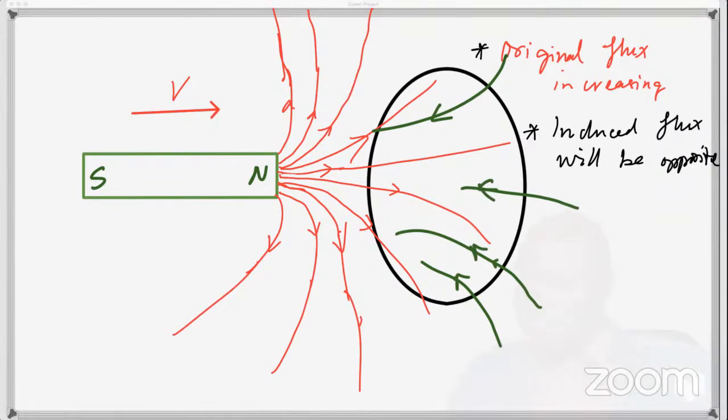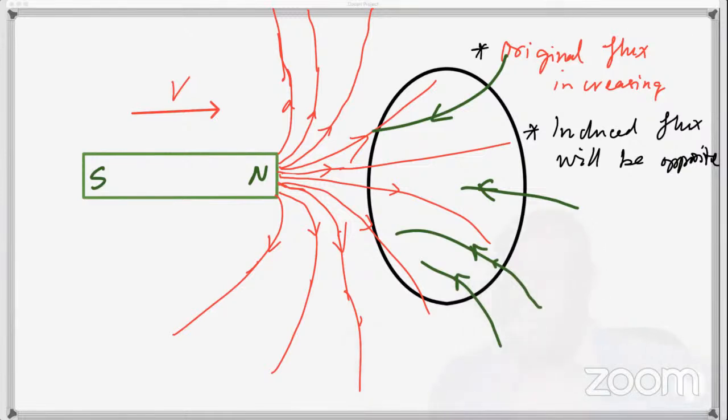Okay. It's difficult to visualize because I'm trying to show a two-dimensional thing on a one-dimensional surface. But basically, if you look at the loop as my hand, the original flux is coming from left to right, the other flux will be coming in the other way.